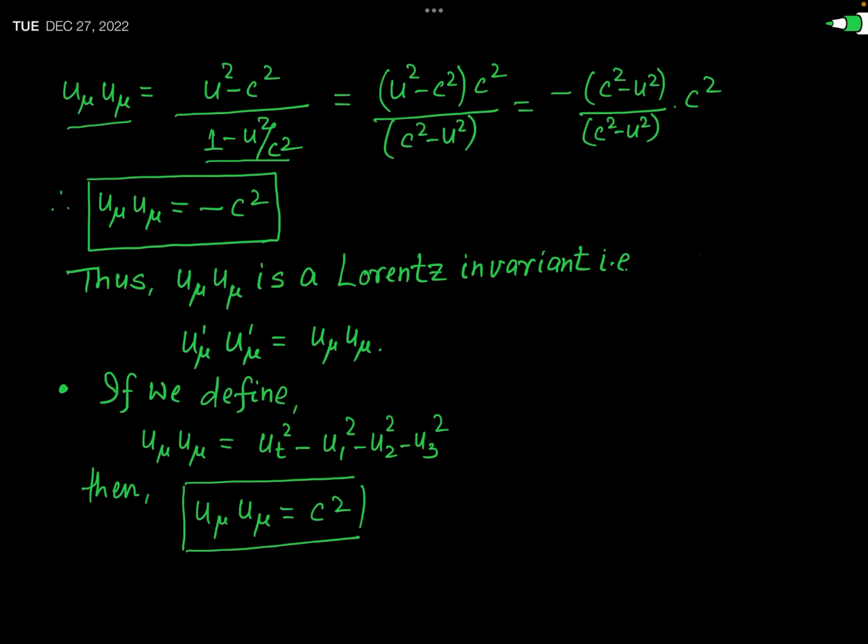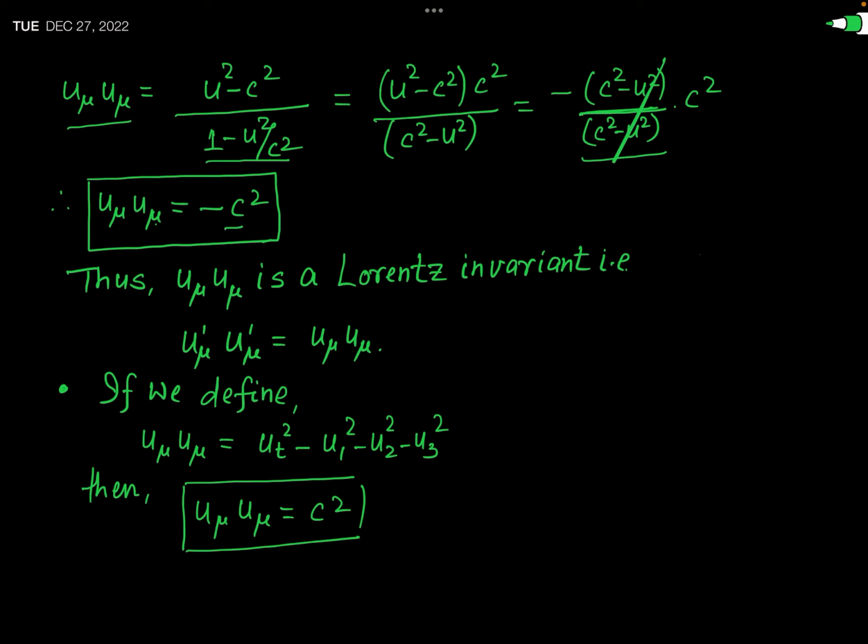Now take minus 1 as a common factor. Then this will be c square minus u square, and divided by c square minus u square times c square. Now this will cancel out and your result is u mu times u mu equal to minus c square. This is a very important result.